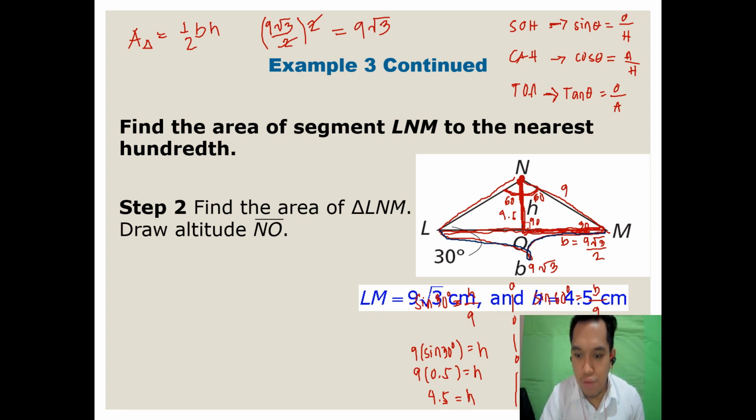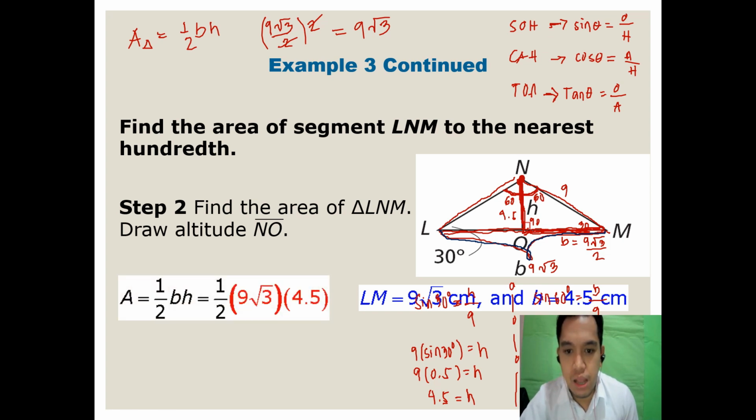Huwag niyong kakalimutan yung unit natin, ha? So, dito sa 4.5, yan ay 4.5 cm. At dito naman sa 9 square root of 3, huwag niyong kakalimutan yung kanyang unit na 9 square root of 3 cm. So, substitute the value of the base and the height to the formula to find the area of the triangle.